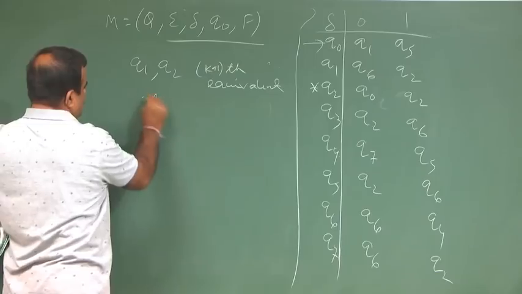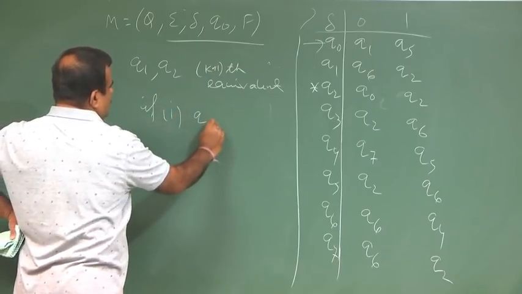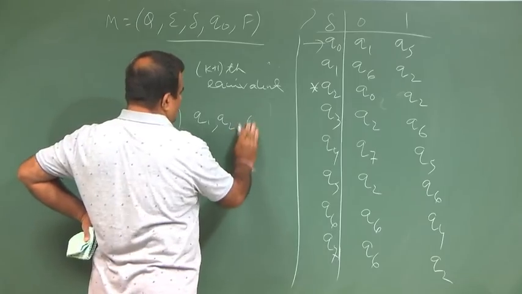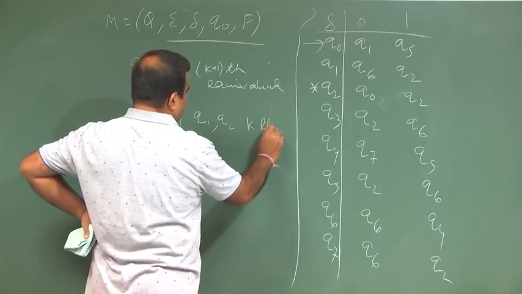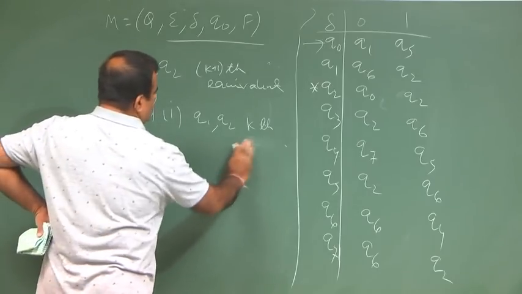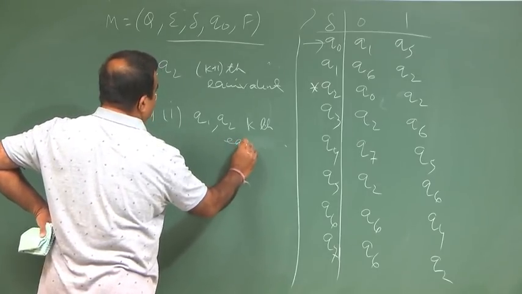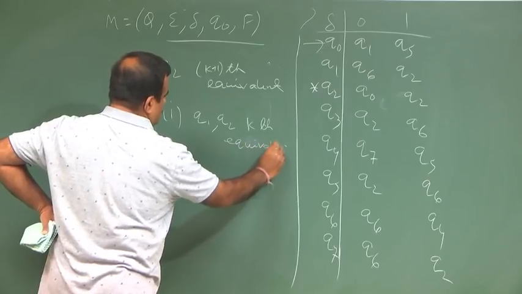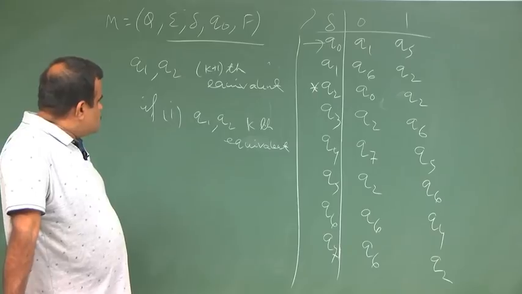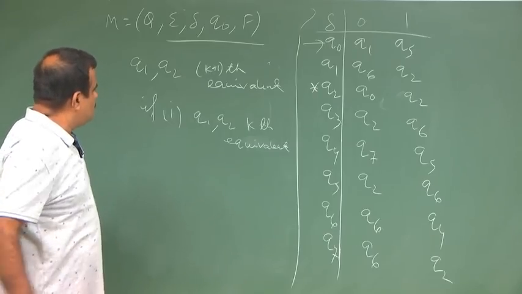if they are kth equivalent. So, k plus 1th equivalent means what?